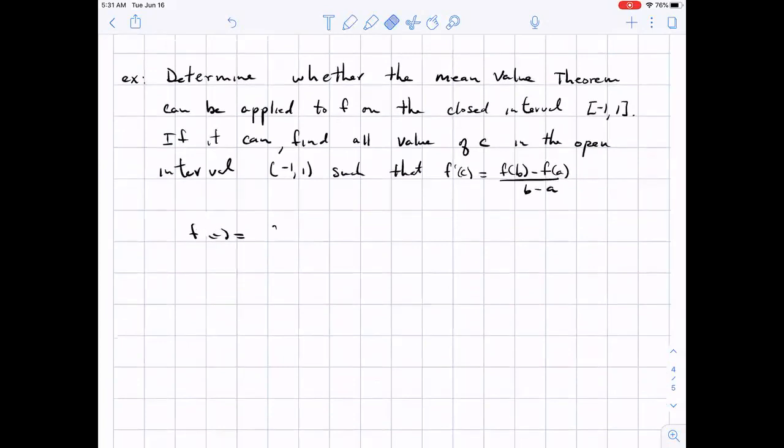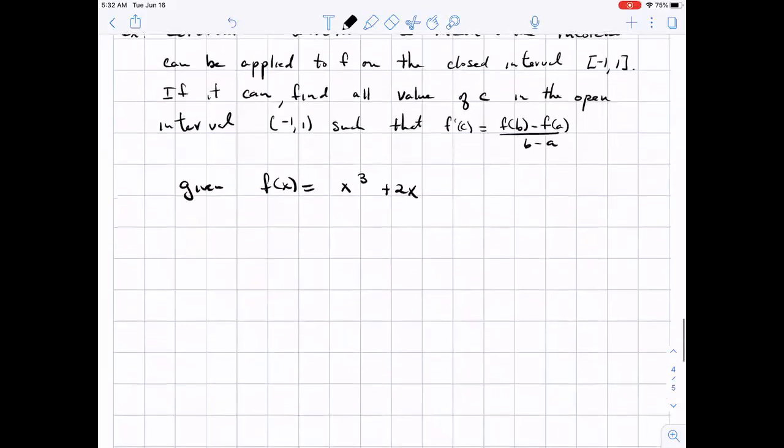So let's say you are given f of x is equal to x cubed plus 2x. First we want to figure out what is f of a and what is f of b, because we need that in the formula here.